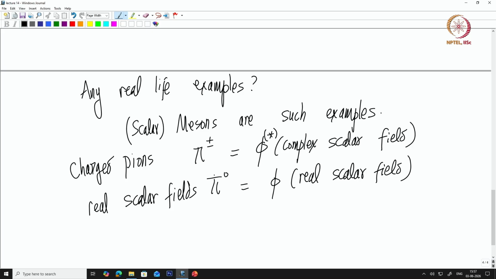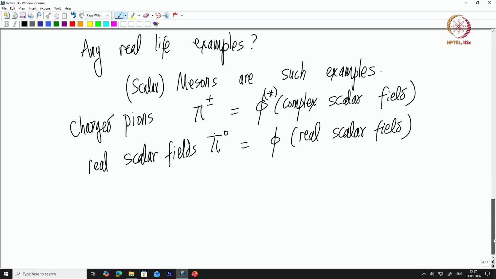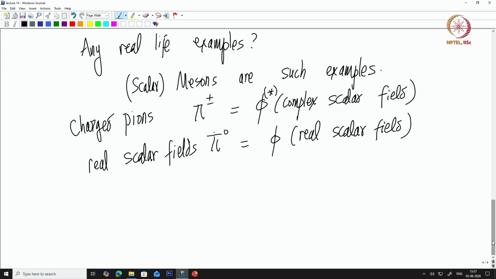Charged pions have some interactions like electromagnetic interactions and so on. In addition they can also have self interactions. Similarly, real scalar fields like pi 0 can also have self interactions due to some QCD like interactions or something.